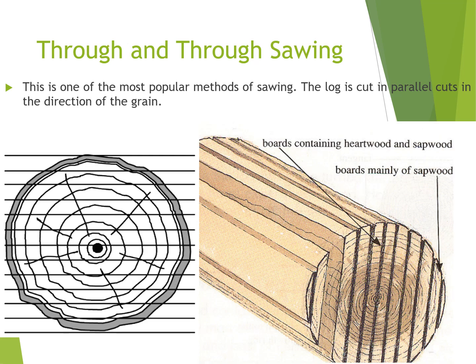So first of all, true and true sawing. This is one of the most popular methods of sawing. The log is cut in parallel cuts in the direction of the grain, just like you see there on the slide. It isn't great because you've got heartwood and sapwood contained in the same plank, which would mean that your plank will be more susceptible to cupping and warping and twisting later on, which isn't good.